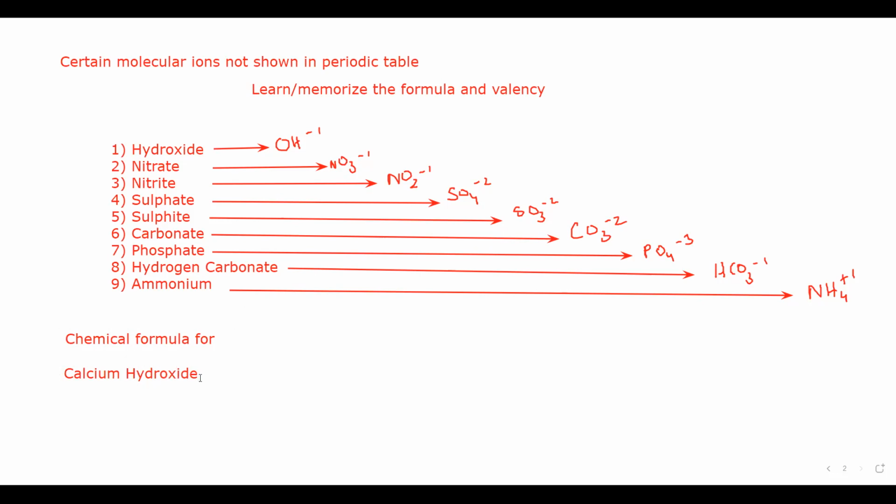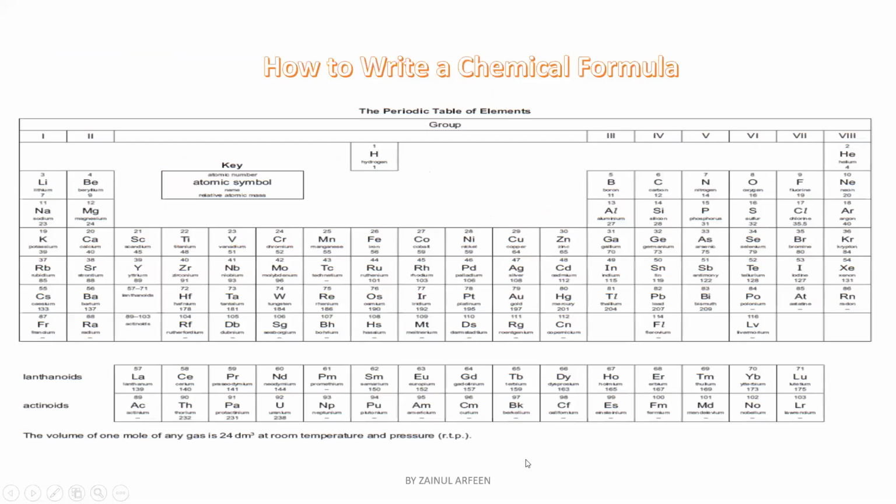So the question is the chemical formula of calcium hydroxide. So calcium is there. You can check the periodic table. You can find calcium in a periodic table as calcium is a group 2 element. And what is the charge or the valency of the calcium? The charge or valency is +2.